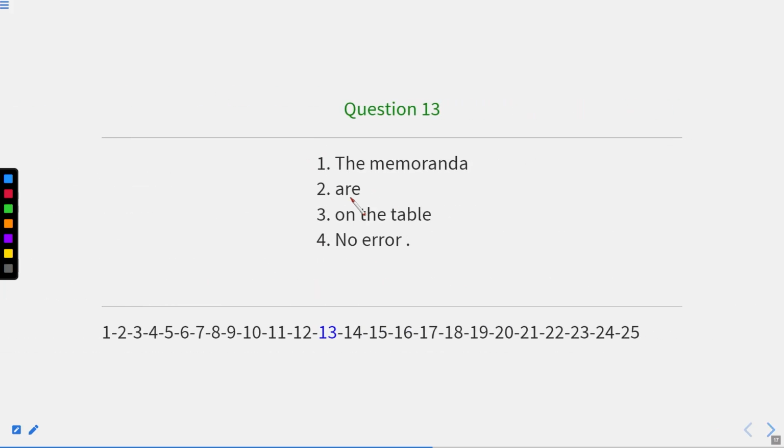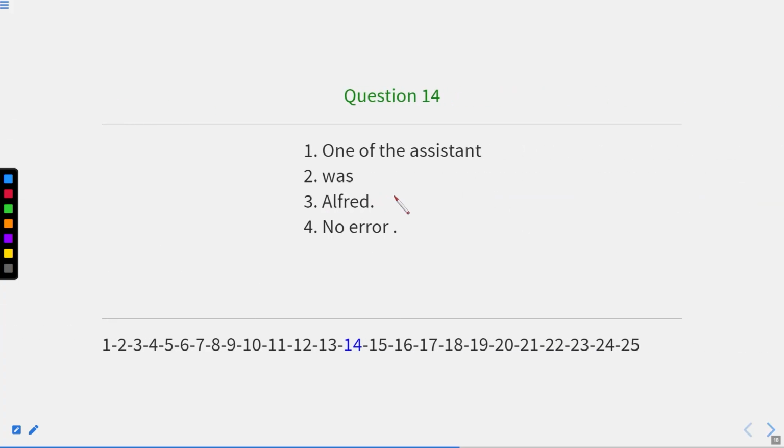Now let us move to question number 13. The memoranda are on the table. Now memoranda, the plural of memorandum, and are is suitable over here because the subject is a plural word. So here there is no error in the sentence. Now let us move to question number 14. One of the assistant was Alfred.